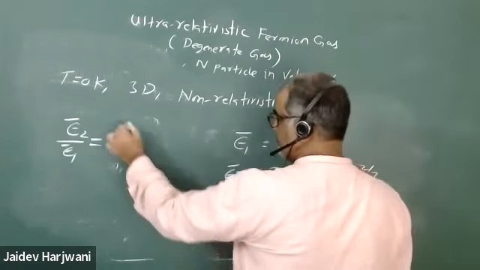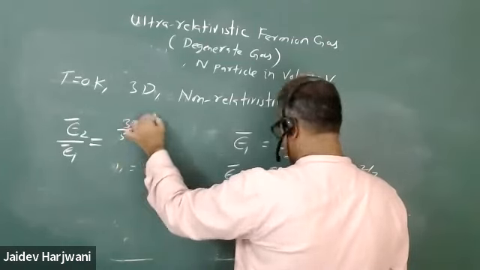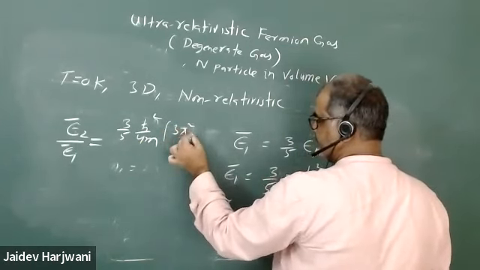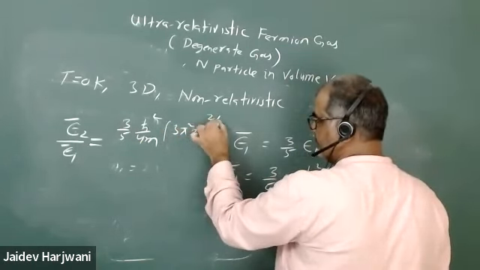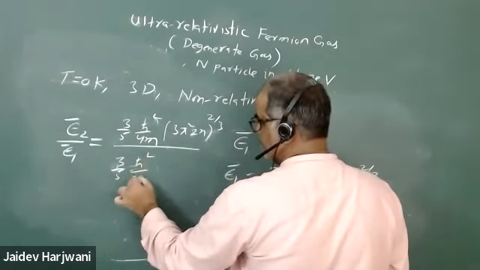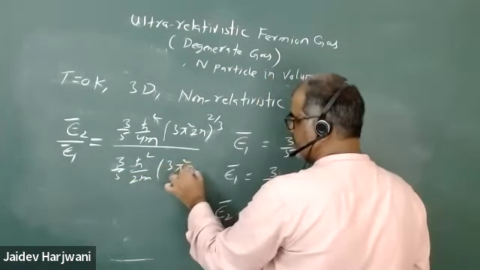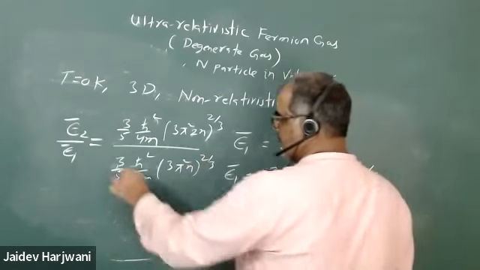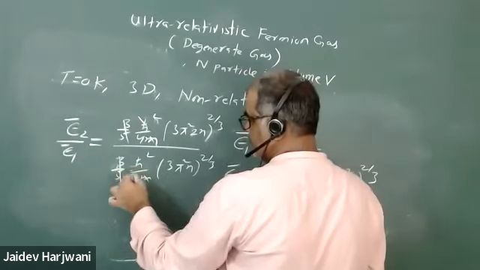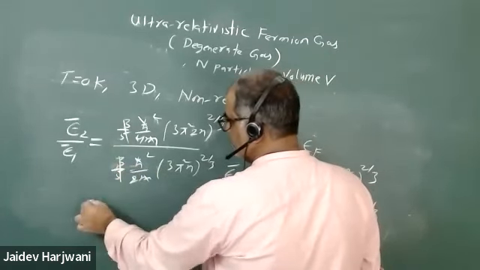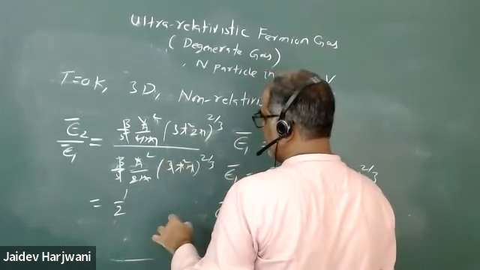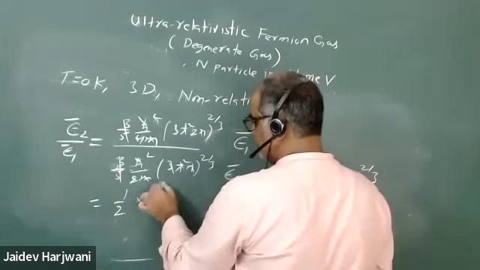Let me write here 3/5 h cut square 4m, 3 pi square 2n power 2/3, and here we have 3/5 h cut square 2m 3 pi square n power 2/3. So 3 cancel, h cancel, m cancel, you have 2 over 4, so 1/2. 3 cancel, pi square cancel, n cancel. So you have 1/2 and 2 power 2/3.